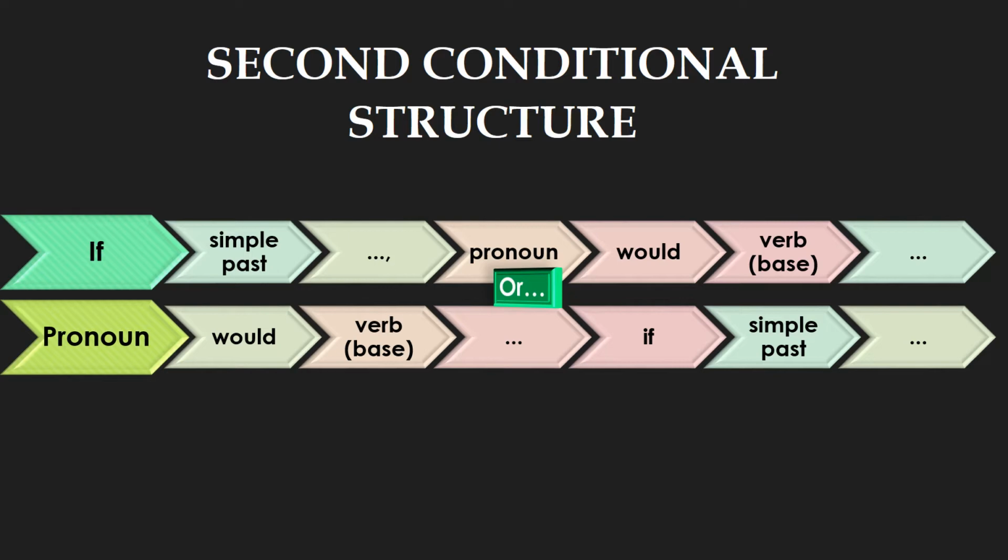Or we take the two clauses and switch them around. So we could start with a pronoun, and then the auxiliary verb would, and then the base of the verb, and then the rest of that part of the sentence, then the word if, the simple past, and the rest of the sentence.